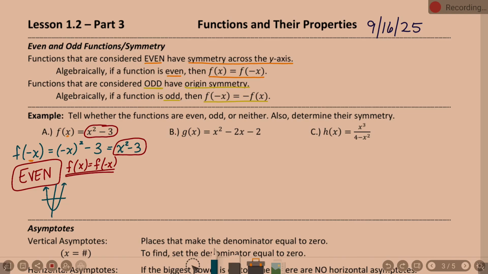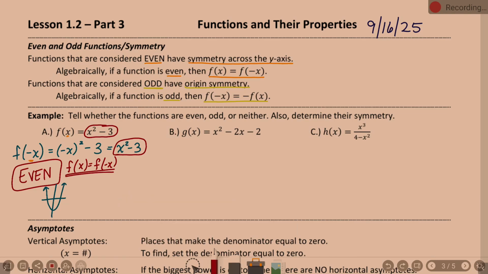Well, what do we know about a parabola? It's just moved down 3. It's symmetric across the y-axis. What's the definition of even? Symmetric across the y-axis.